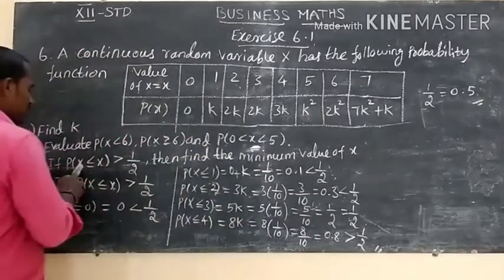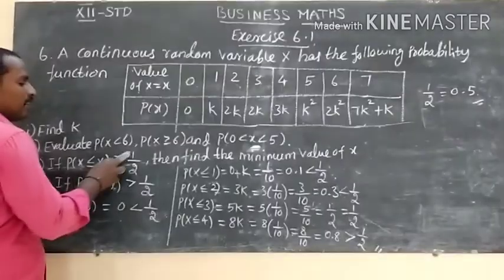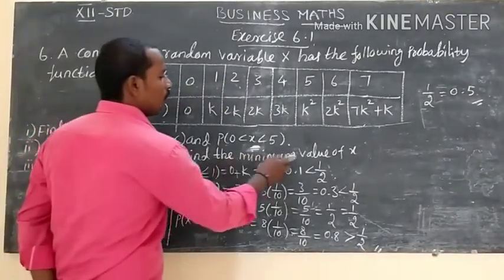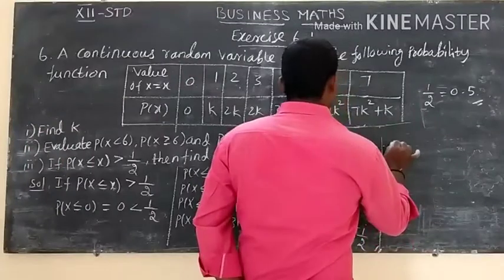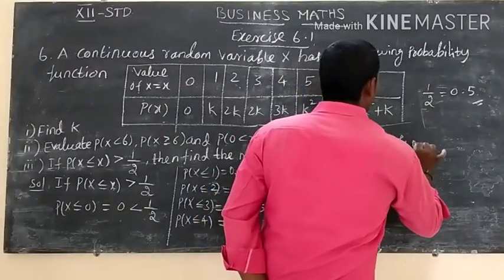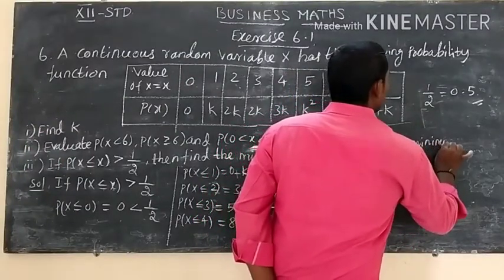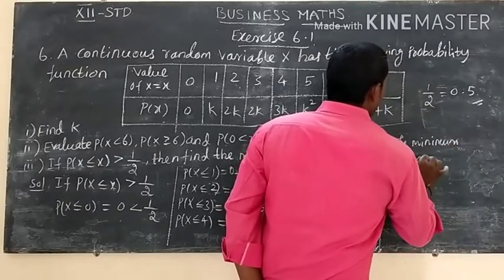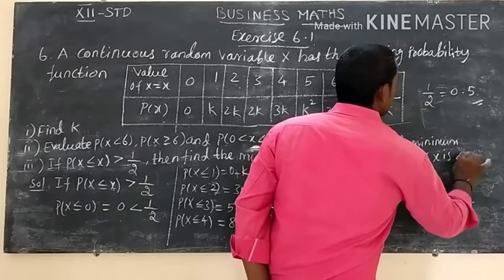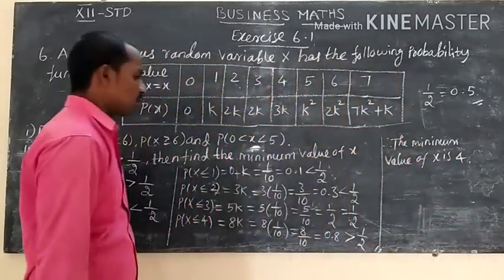So P of x less than or equal to 4 is greater than 1 by 2. Then the minimum value of x is 4. Therefore, the minimum value of x is 4. Have you understood the answer?